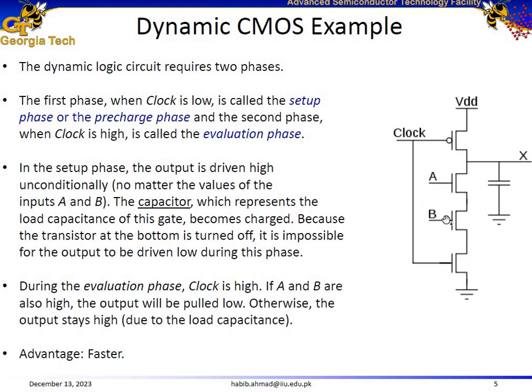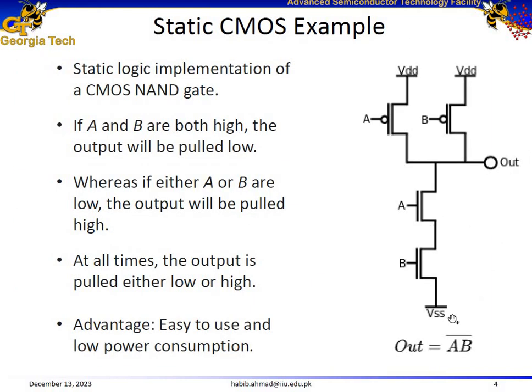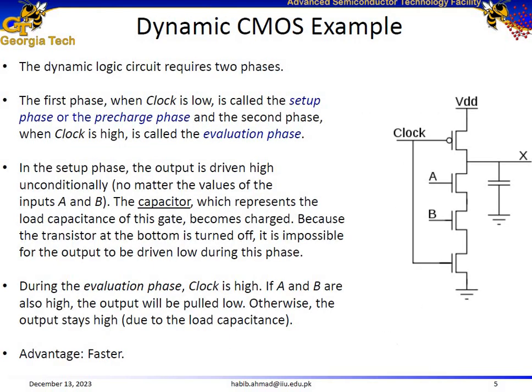So depending on the states of the input, we can pull down the output to the ground. Generally, static CMOS circuits consume less power as compared to dynamic, while dynamic CMOS circuits are faster as compared to the static CMOS circuits.